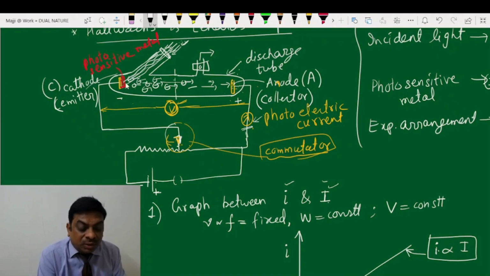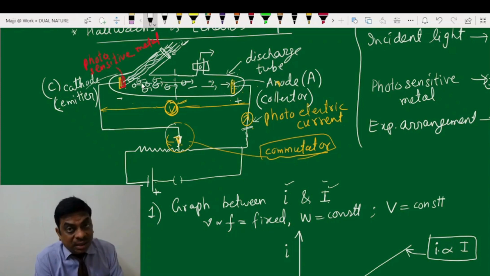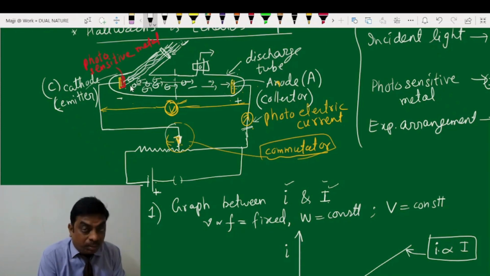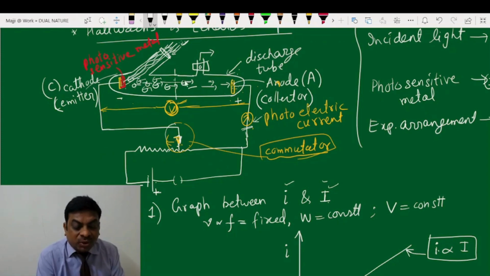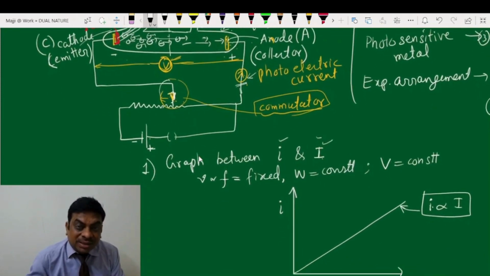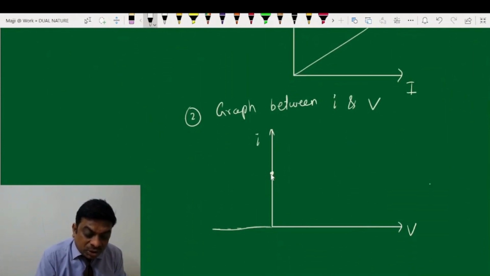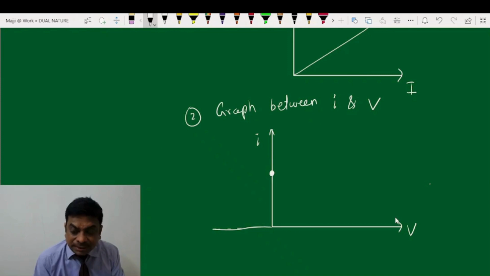Naturally, the photoelectrons ejected come out with certain kinetic energy, and this kinetic energy may be adequate to make them reach the anode. So within the discharge tube, the electrons keep moving from cathode to anode, thereby completing the circuit. Outside, you have the wire and electrons are there. So the circuit gets completed and current starts flowing. So you can expect a non-zero current when there is no potential difference.